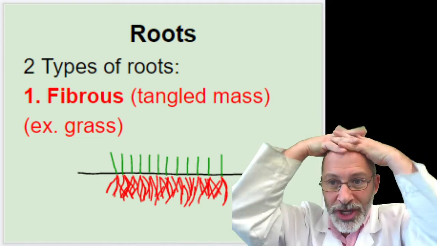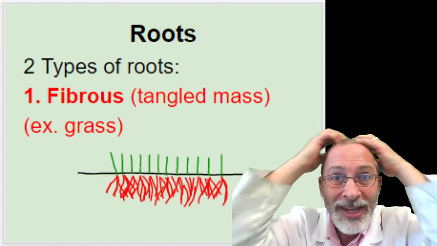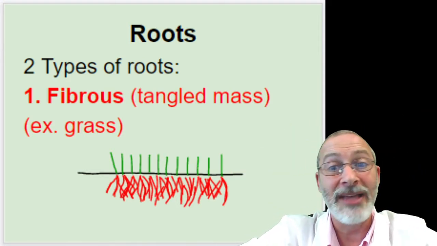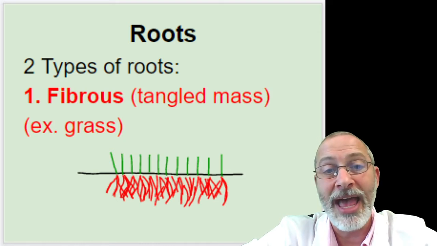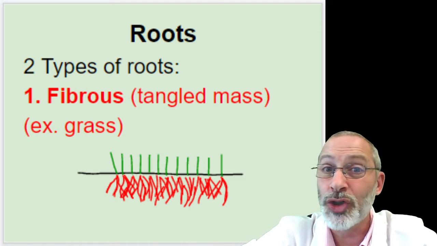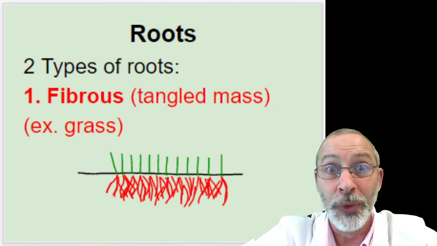Fibrous roots are just all interwoven and tangled up. Grass is a great plant, as an example of a plant that has fibrous roots. I mean, think about it. Have you ever been outside and tried to rip up a handful of grass by the roots?